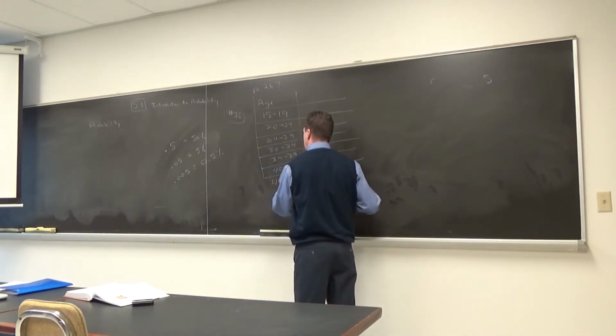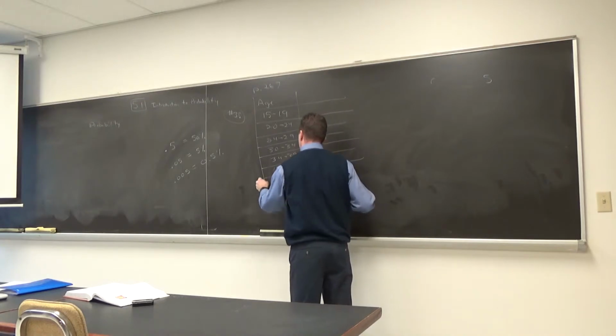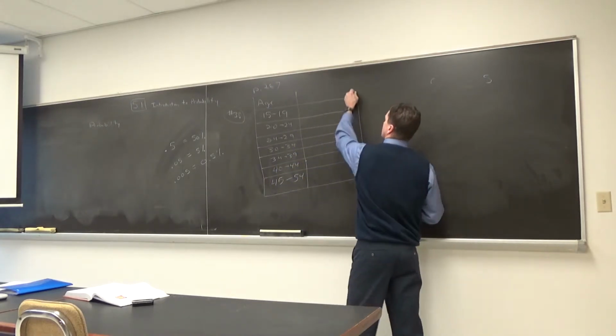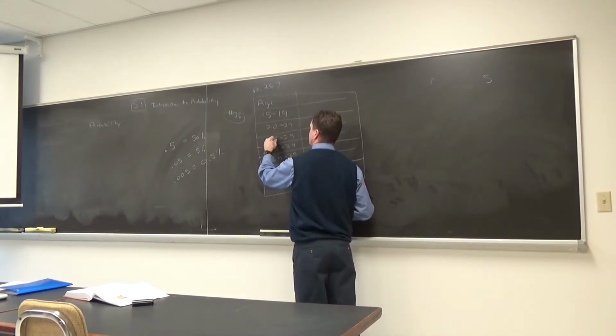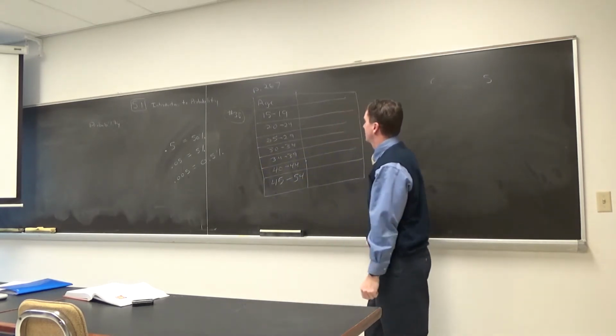They went all the way up to 54 with this last one. Okay. Those are 8. Professor, that should be 25 to 29. Oh, thank you so much. Well, that's a 25 to 29. Thanks again, Art. No problem.